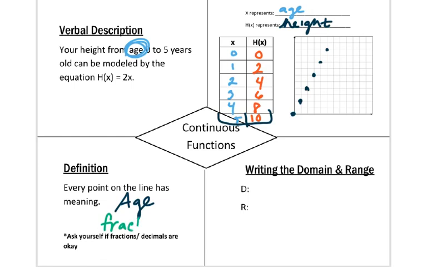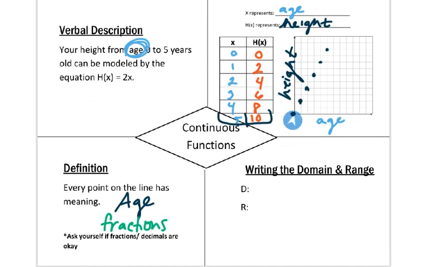We're talking about age and we're talking about height. So are you ever 1.5 years old? Are you ever 1 3/4 years old? I'm going to label this to make it easier to see what's going on here. That's my age. And this is my height.